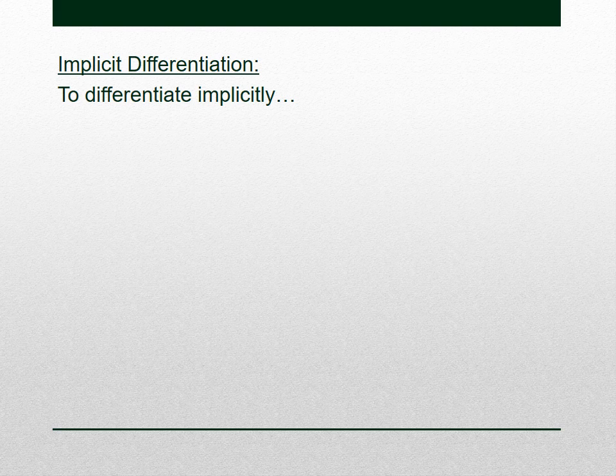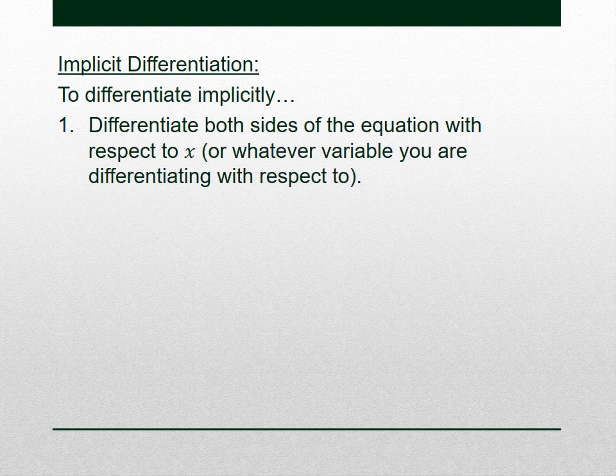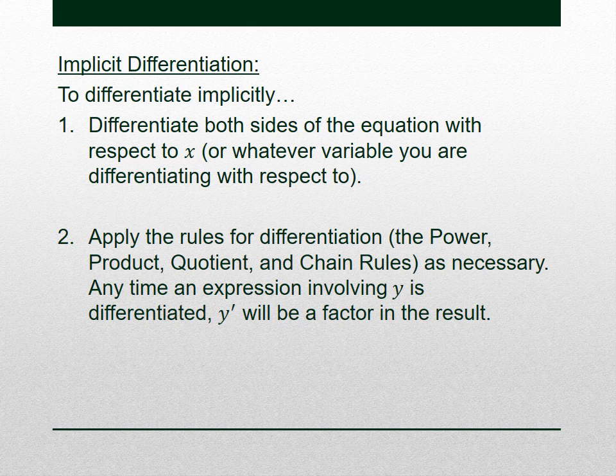To take a derivative implicitly, you look at your equation, and if we want to find the derivative with respect to x, we differentiate both sides with respect to x, or whatever variable you might be differentiating with respect to. You'll use all the same rules that we've used before whenever you need to.